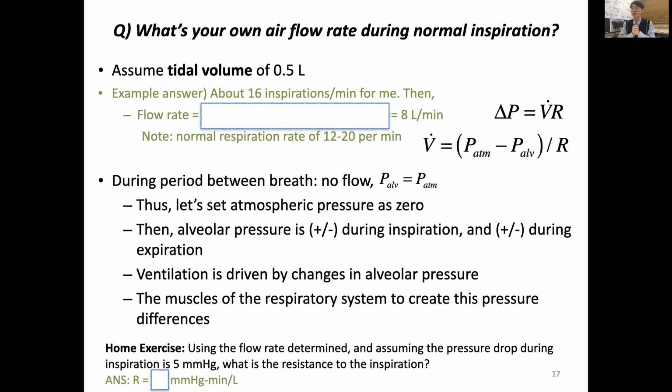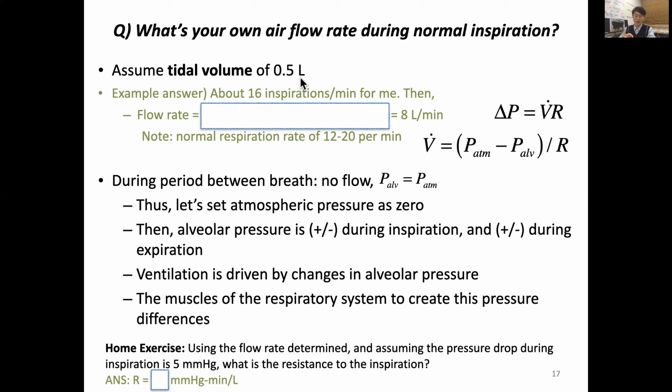So it's time to try out your lungs' airflow rate during your normal inspiration. I already told you that the tidal volume of normal breathing is usually about 500 milliliters or 0.5 liter. And why don't you test the number of breaths per minute?